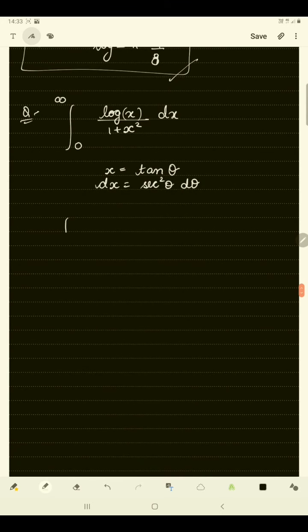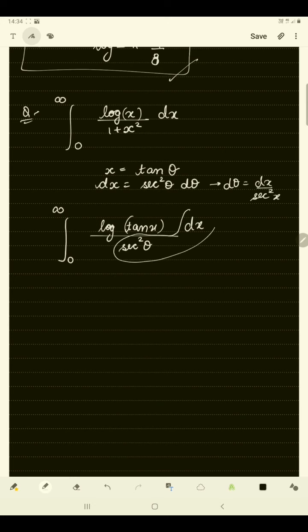Now just applying the limits in this question, we get log tan x upon secant square x dx. So we can actually just write d theta as dx upon secant square x, and we can do a substitution here as well.